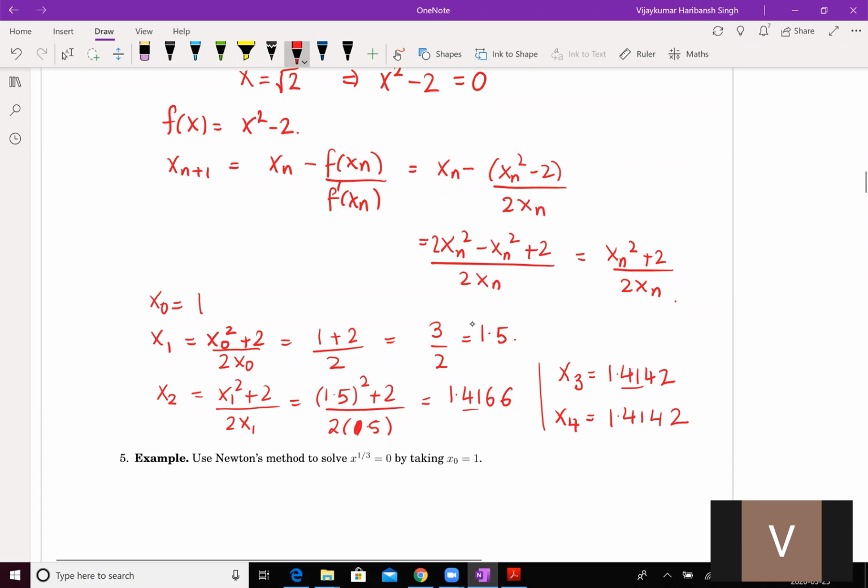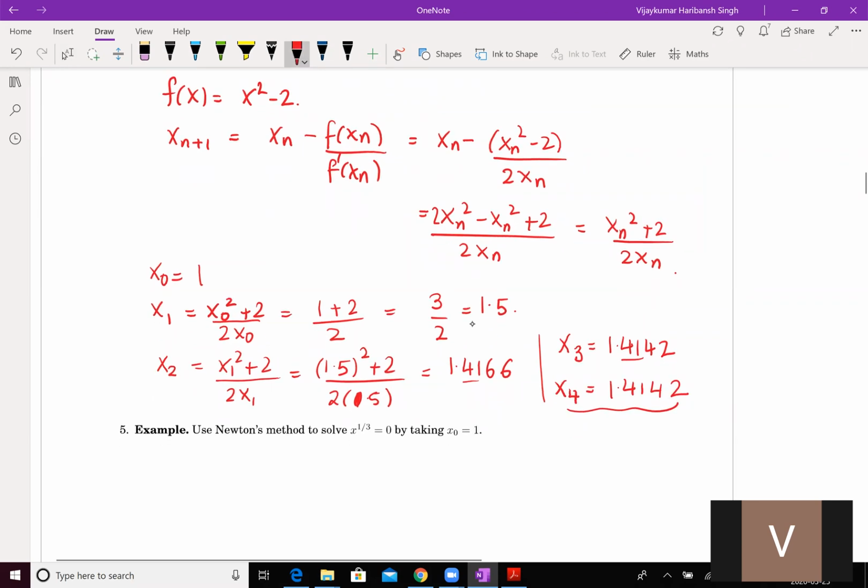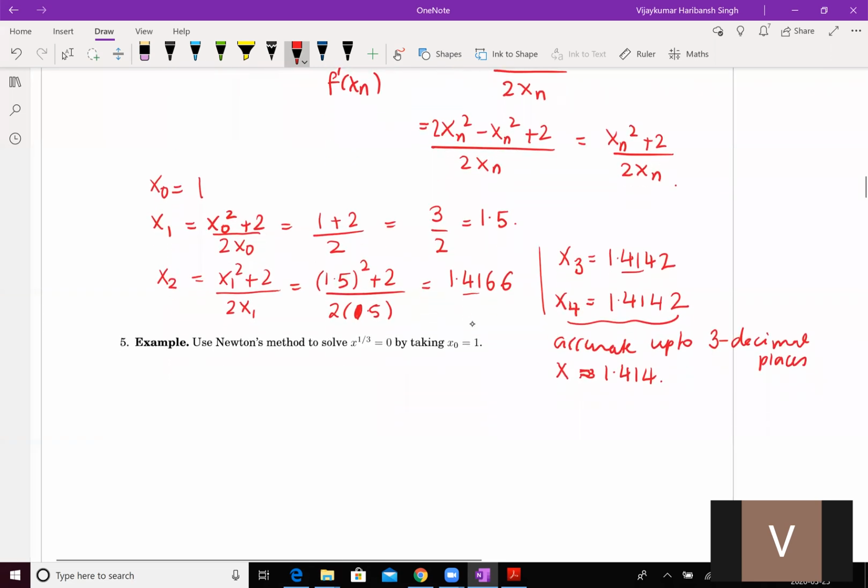So you see, this is accurate up to 3 decimal places. So my x is 1.414. Okay, so this is how Newton's method works, right?